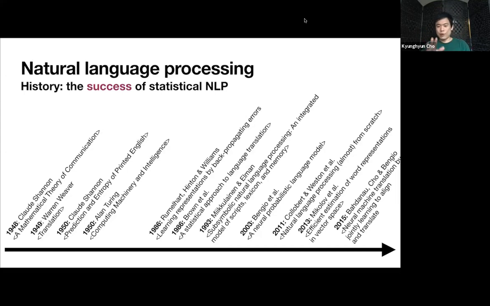In the same year, or in the following couple of years, Brown et al. from back then IBM came up with the idea to use a statistical approach to solving the problem of language translation, which has become one of the foundational works on which all the recent modern approaches to natural language processing have been built.